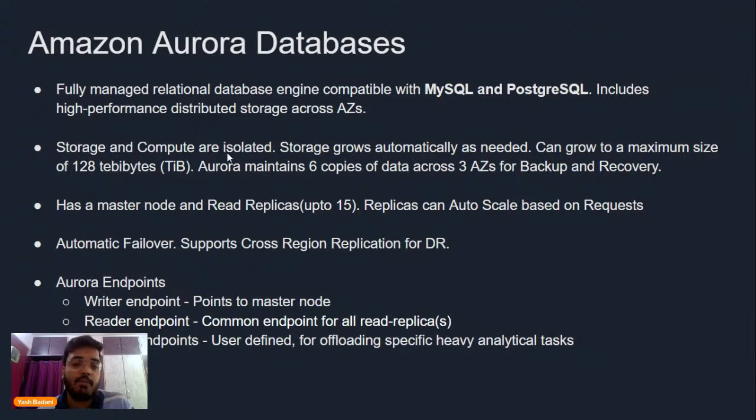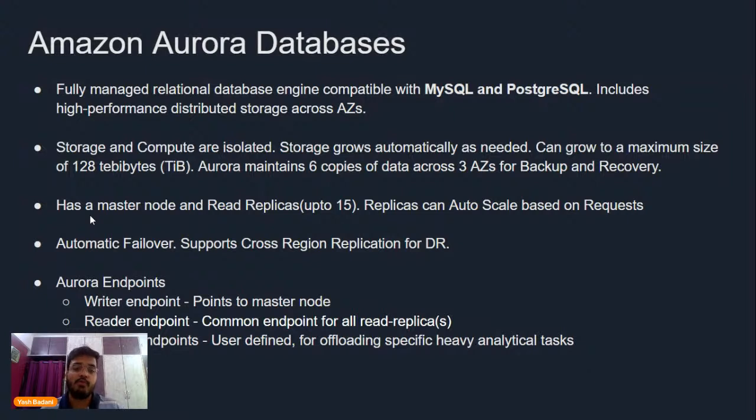The storage and compute are isolated in Amazon Aurora. As I mentioned above, the storage layer is totally redefined for Aurora, and it can grow automatically as needed up to 128 terabytes. Aurora databases have a cluster in itself, and there is a master node and there are read replicas.